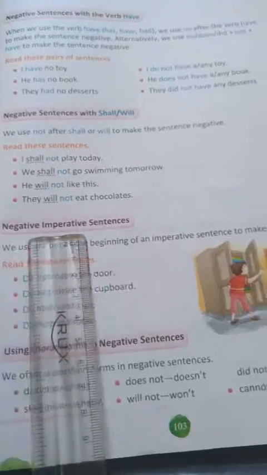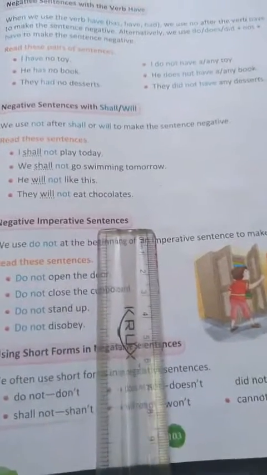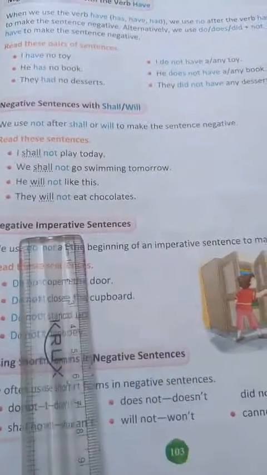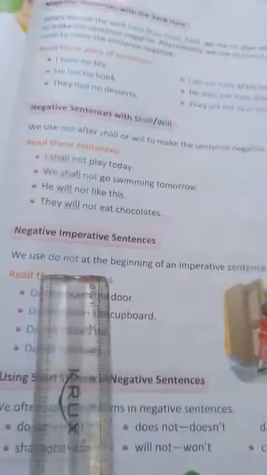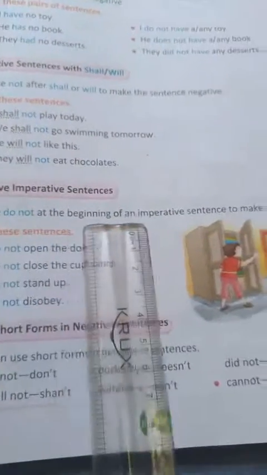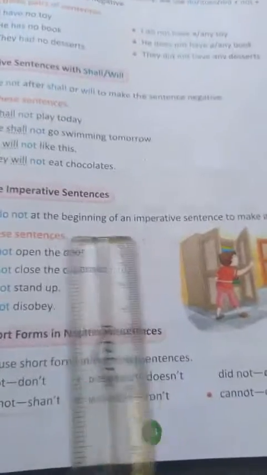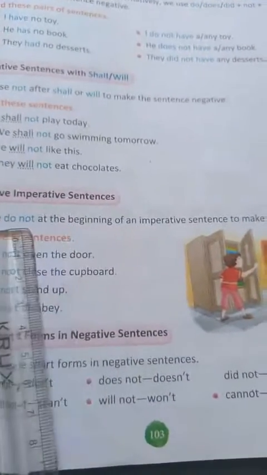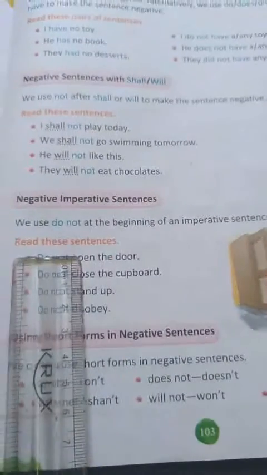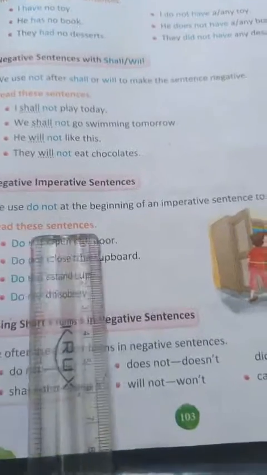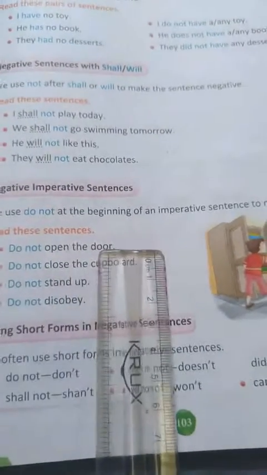Another rule is the negative imperative sentence. How do we make an imperative sentence into a negative form? We use do not at the beginning of an imperative sentence to make it negative. Now let's see the examples. Read these sentences. Do not open the door.